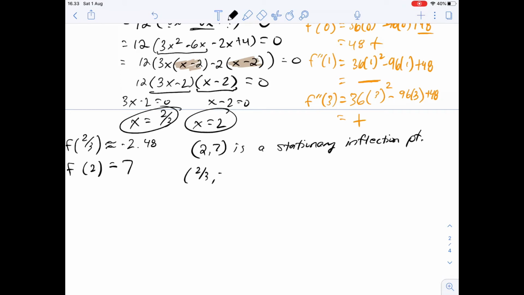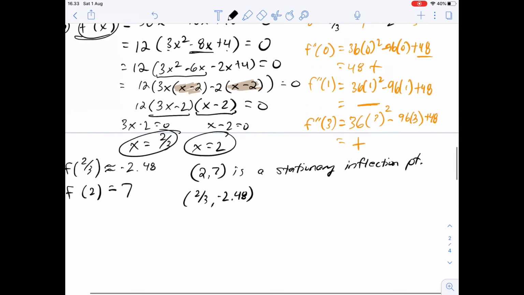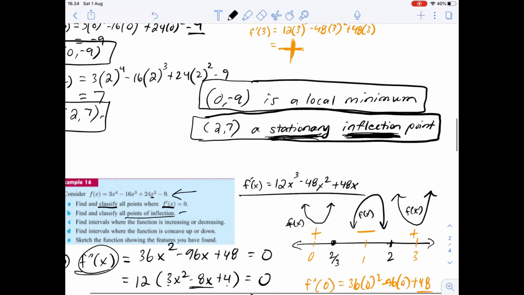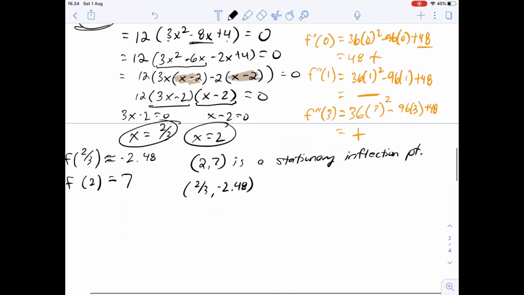And the point 2/3, negative 2.48, well, this just changes concavity. So that means that is a non-stationary inflection point.